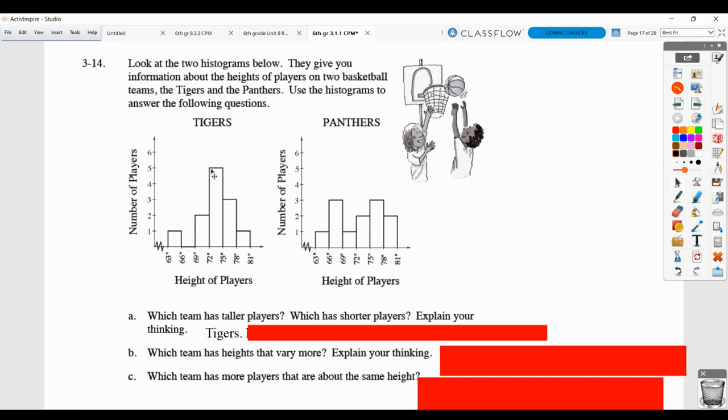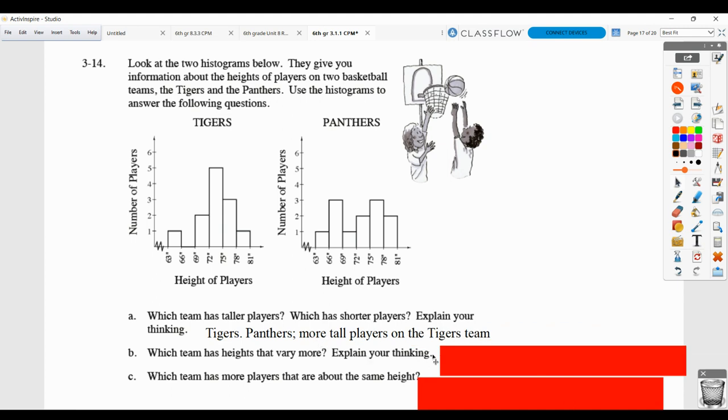So if you look at the histogram, they've got 5 players between 72 and 75 inches in height, 3 players between 75 and 78 inches in height, and a player that's between 78 and 81 inches in height, where the Panthers have less. Only 2 players between 72 and 75 inches in height, 3 players again between 75 and 78 inches in height, and 2 players between 78 and 81 inches in height. So the Tigers overall have more tall players. The Panthers have more short players.